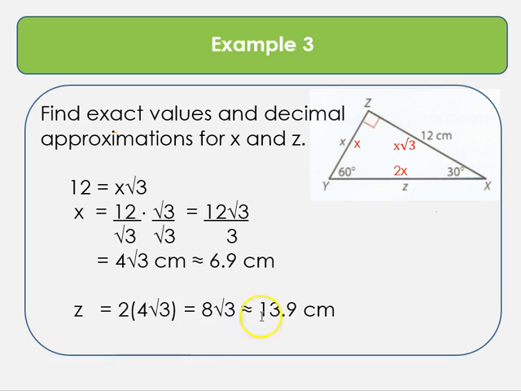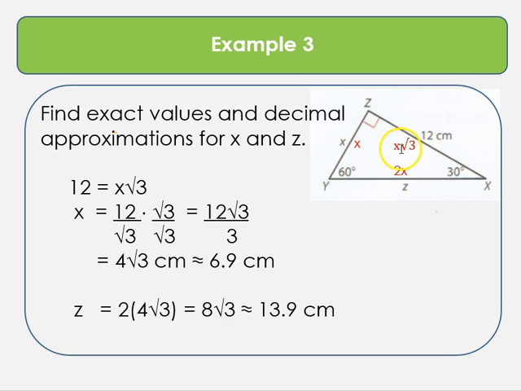And let's do an example for a 30-60-90 triangle. So I've gone ahead and put in our ratios. We do know that we have a long leg of 12 centimeters, so we're going to find the other sides according to that leg. The difference between the long leg and the short leg is that the long leg is x times the square root of 3.